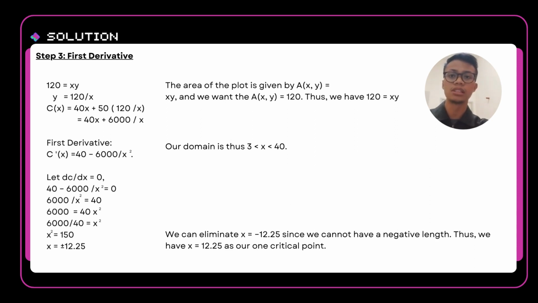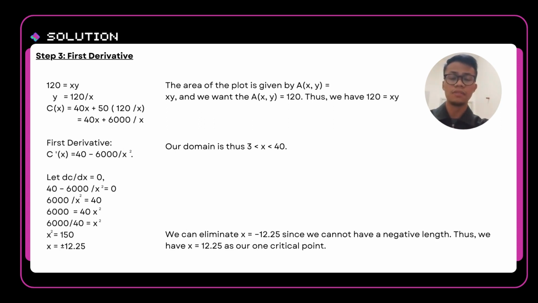After that we will get 6000 over x squared equals 40, and then 6000 equals 40 times x squared, and then last but not least we will get 6000 over 40 equals x squared.